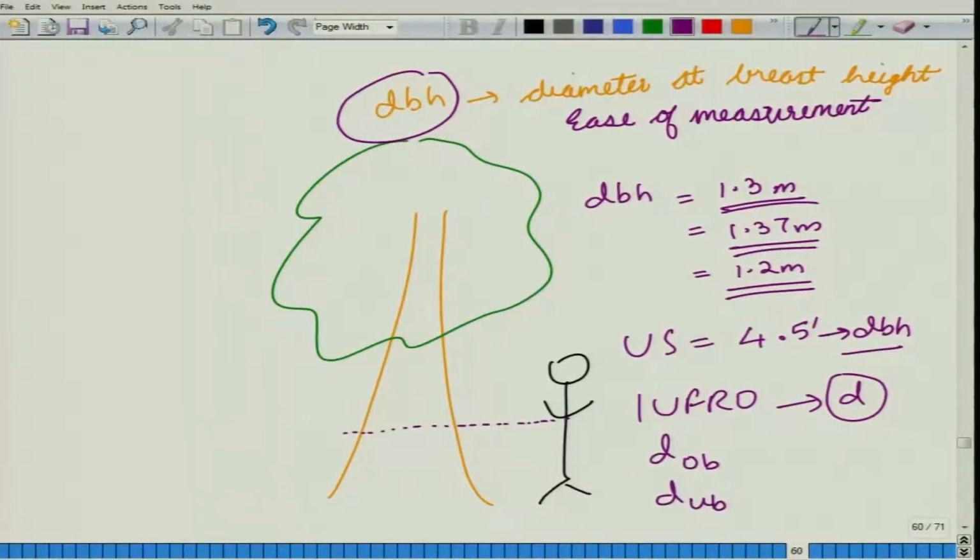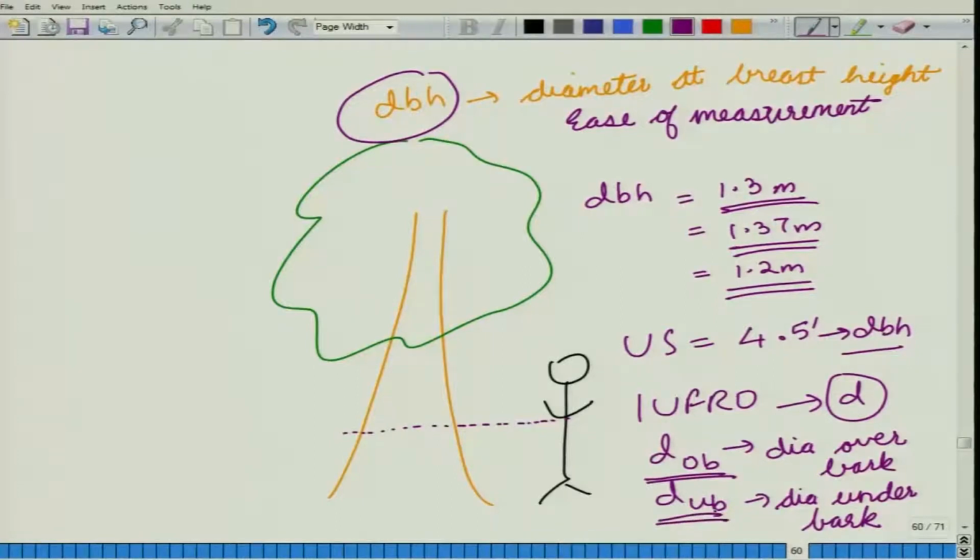As we saw in the previous slide, this is the diameter over bark and this is the diameter under bark. So, not only do we need to tell at what height we are measuring our DBH, we also need to tell whether we are measuring the DOB or the DUB.